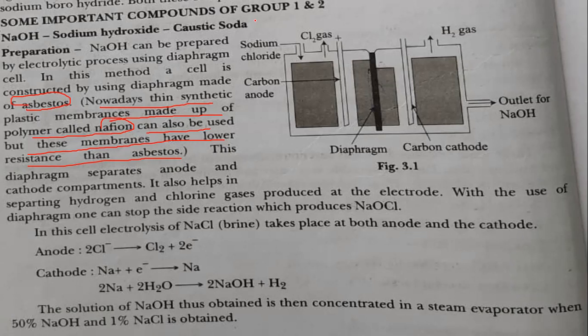One can even start a small scale industry to synthesize sodium hydroxide. If you are able to prepare NaOH at a cheaper cost compared to the market cost, you can easily start a small scale industry and supply this sodium hydroxide to all other industries, because sodium hydroxide is a base which has its own importance.